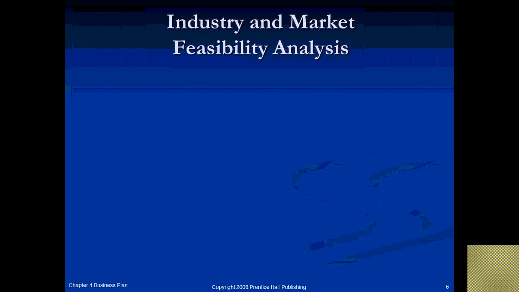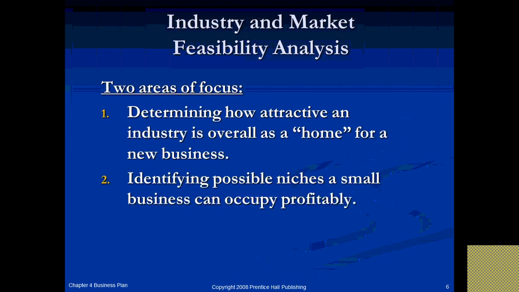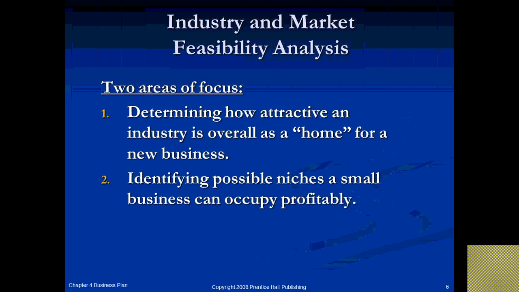What are the things that we must know about our market? What is the starting point when we say we're going to look at industry market feasibility? Right? Now there are two areas that we must look at. We have to determine how attractive an industry is overall, and we also have to identify possible niches a small business can occupy profitably.